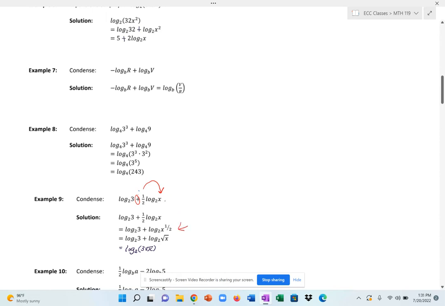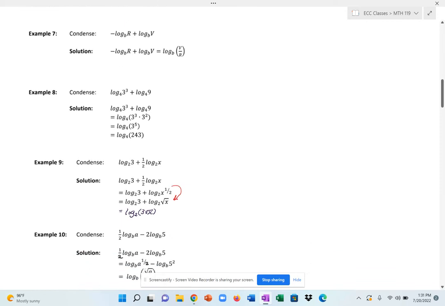So this coefficient becomes an exponent, again using power law. And we know that anything to the 1/2 power is just a square root, so the second logarithm gets written like this. And then a sum becomes a product. So this condenses down to log base 2 of 3 times root x.